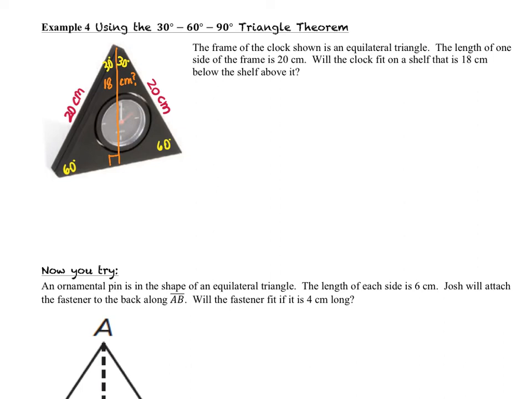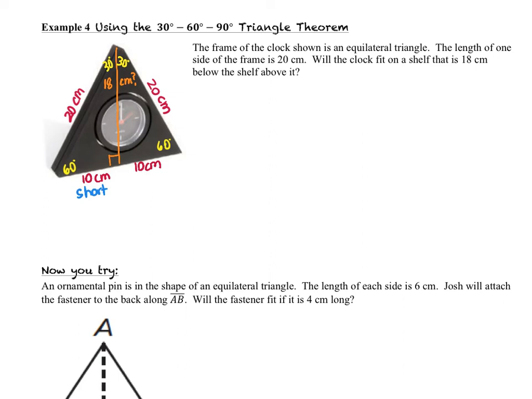So a few other things that I'm going to add on here. We know that if the equilateral triangle side length is 20 centimeters, then each of these halves is going to be 10 centimeters. And another thing, as we look at half of this equilateral triangle, we look at the right triangle, we can see that the short leg is this 10 centimeter leg.